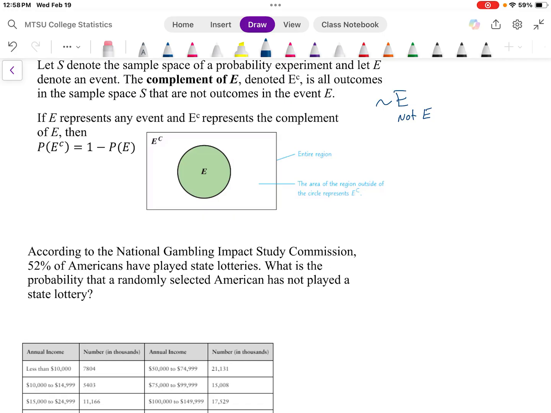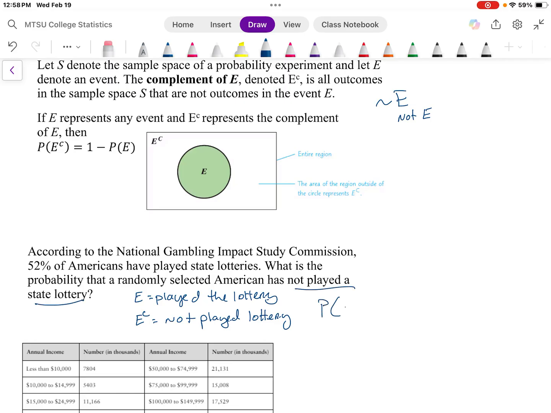Again, if we say our event E is played the lottery, then E^c, or E complement, is not played the lottery. They asked me to figure out the probability that they did not play the state lottery.